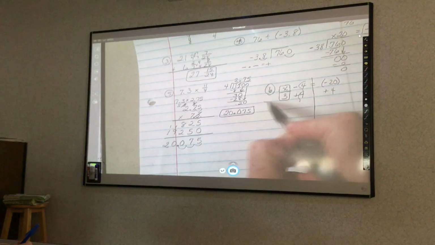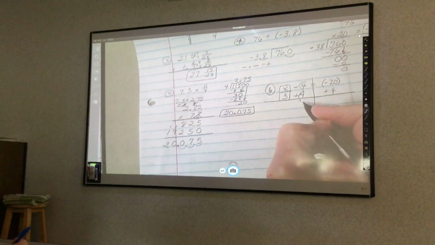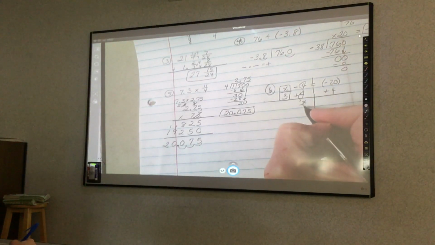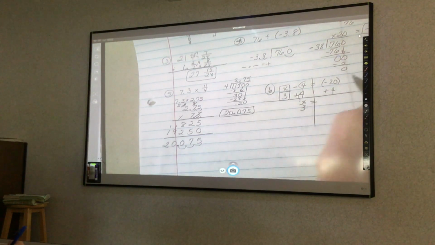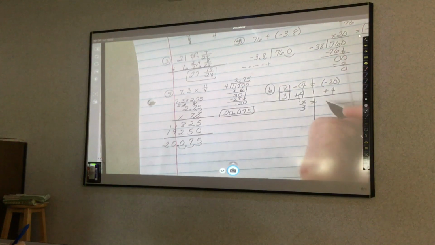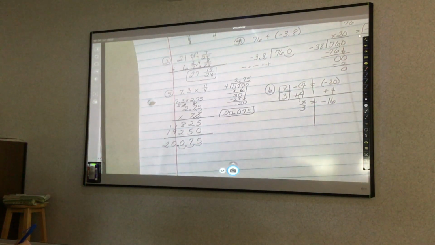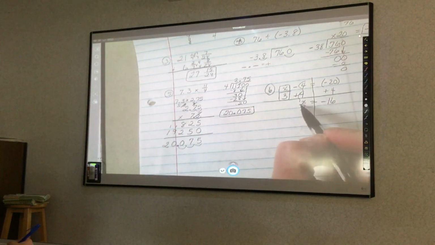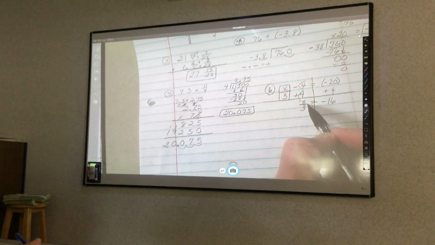They cancel each other out. What I'm left with on this side is X divided by 3 equals, and then one's negative, one's positive, so I subtract. So it would be 16, but it's a negative 16 because I keep the sign of the bigger number. Then if I'm dividing by 3, I better box them, say, hey, you're not moving.